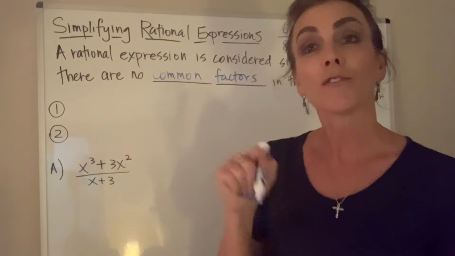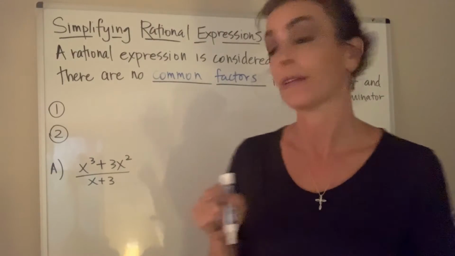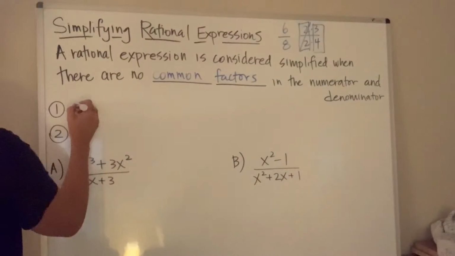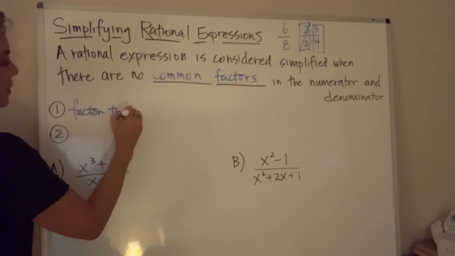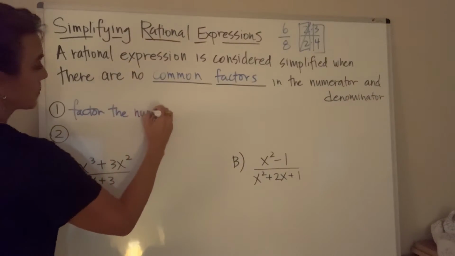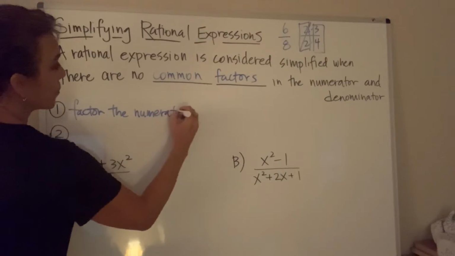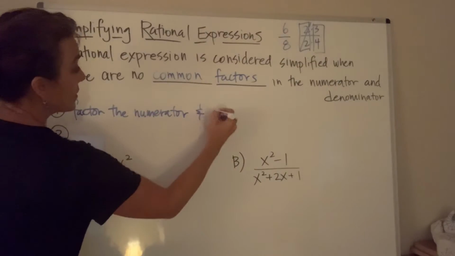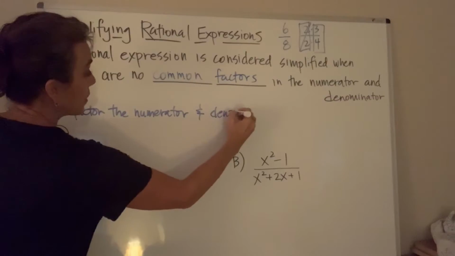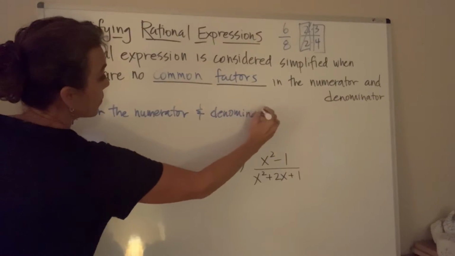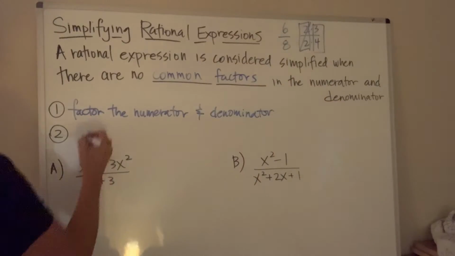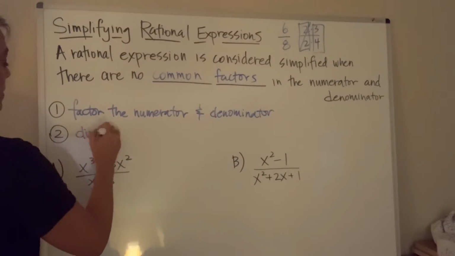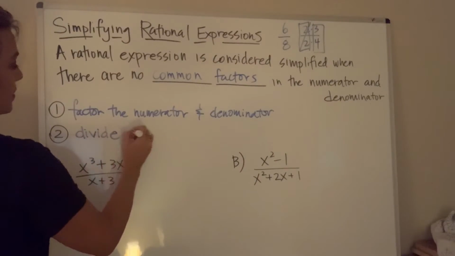First thing you want to do is factor the numerator and the denominator. And then you're going to go through and divide out all common factors.